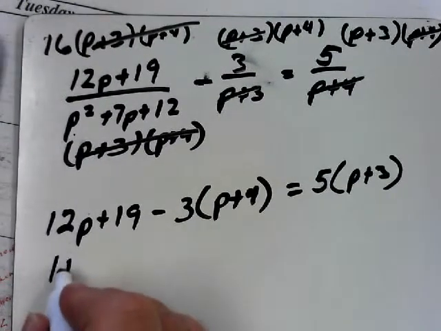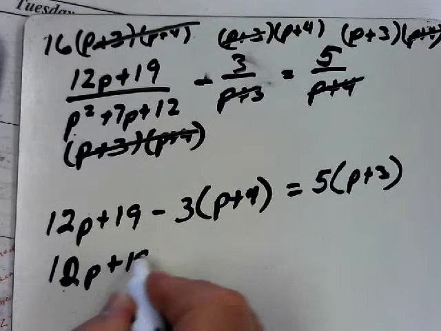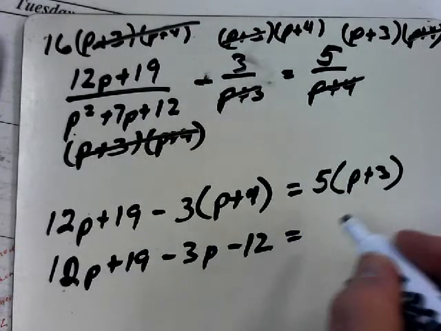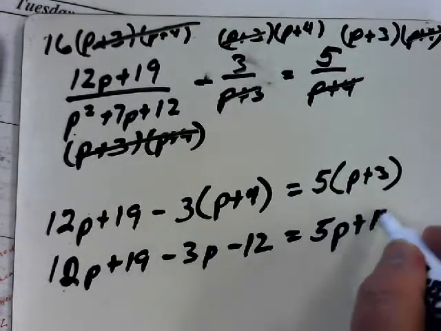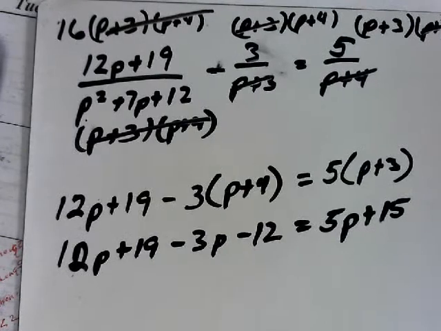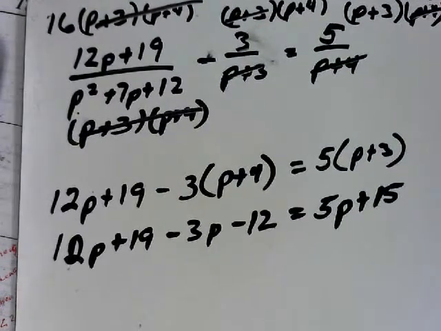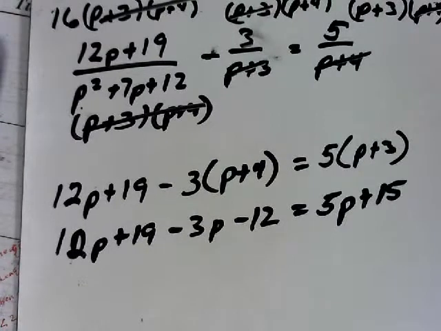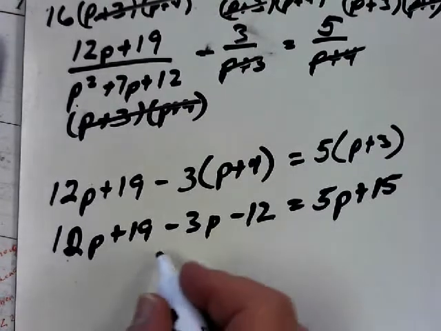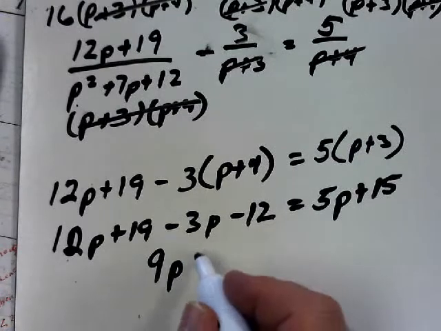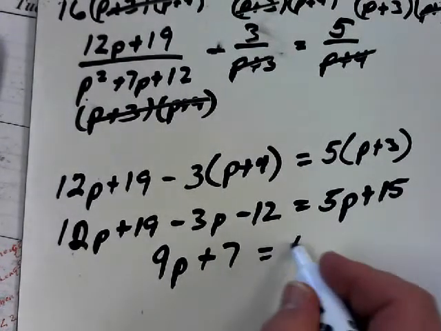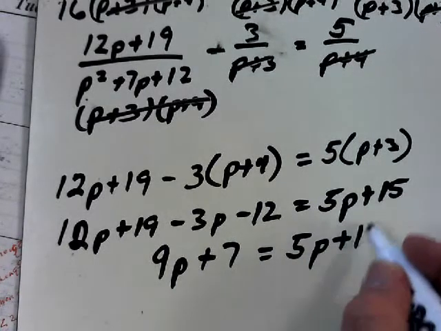So doing both the distributive properties, negative 3P minus 12, 5P plus 15. Simplifying the left-hand side, plus 7 equals 5P plus 15.